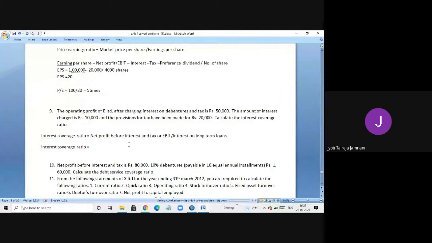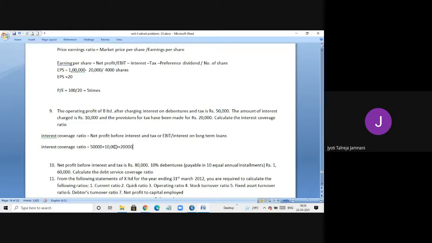So how I will find EBIT? I will take that net profit 50,000 and I'll add back interest and tax to it so that I can get the before interest and tax value of profit. So tax provision is 20,000 and interest is 10,000.